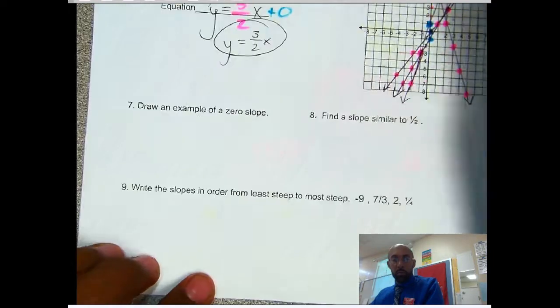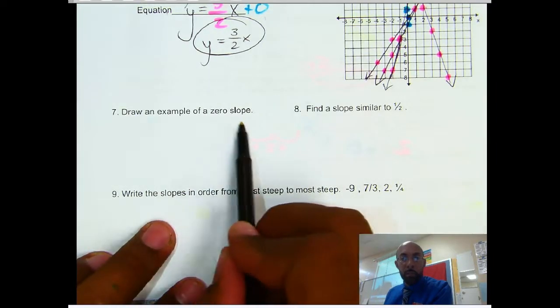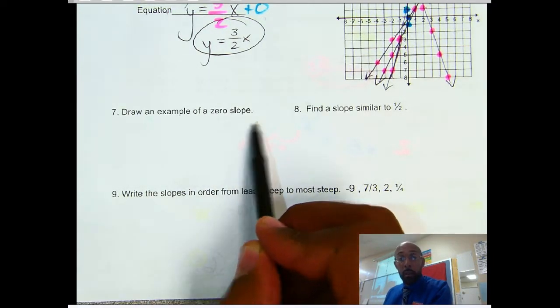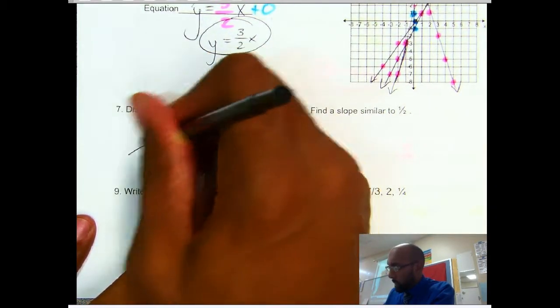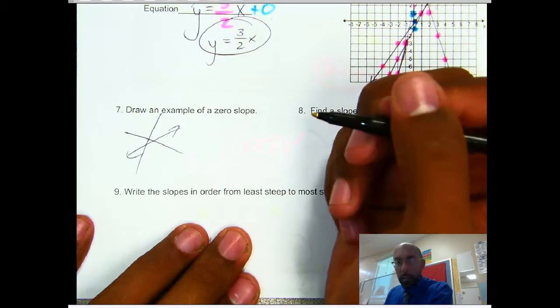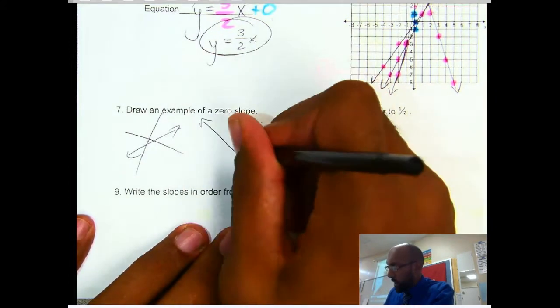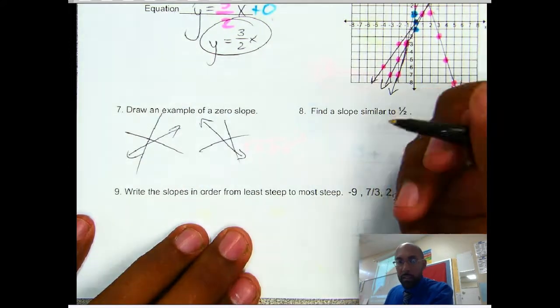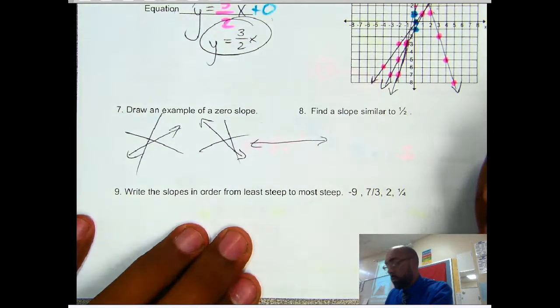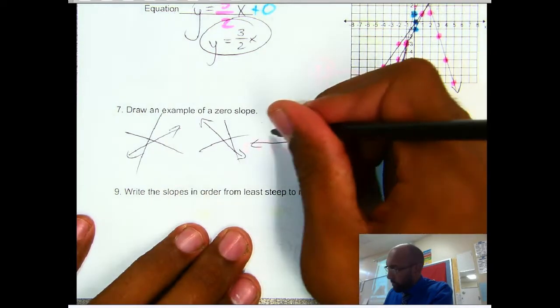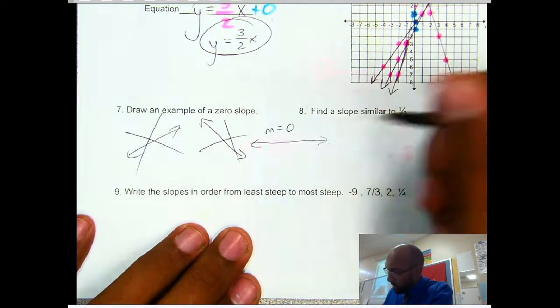Okay, the next one. Draw an example of 0 slope. 0 slope is a line that doesn't go up. And it's not a line that goes down, because that's negative. So it's a line that doesn't change, goes straight. 0 slope, or M is 0.